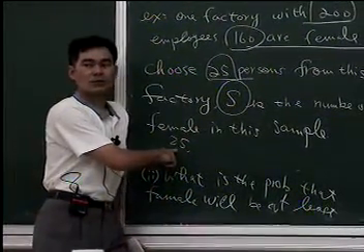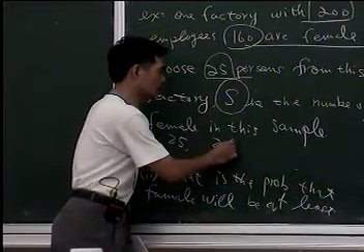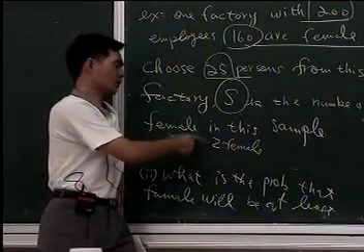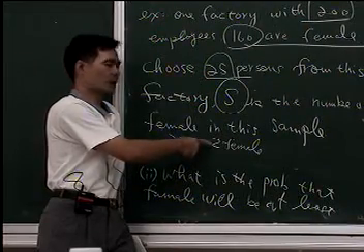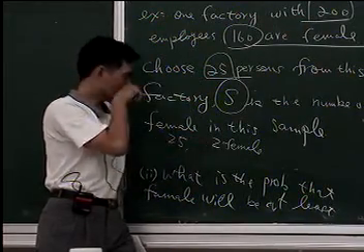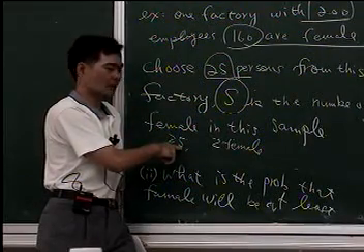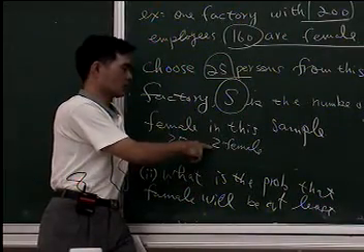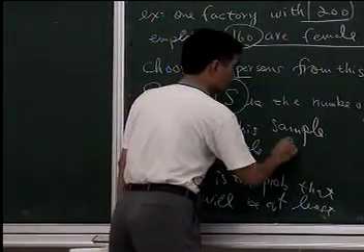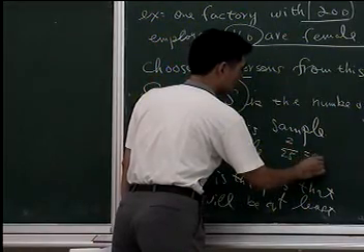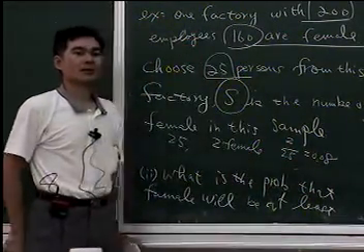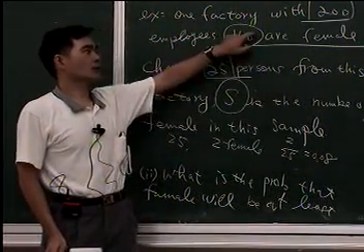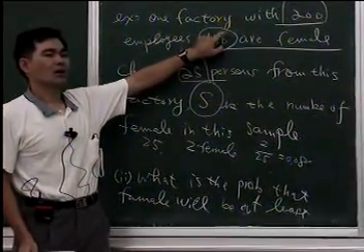If among these 25 people, I only got 2 female, what's the proportion that I got? There are 25 people, but I only got 2 female. So the proportion is 2 over 25, so that's equal to 0.08, right?